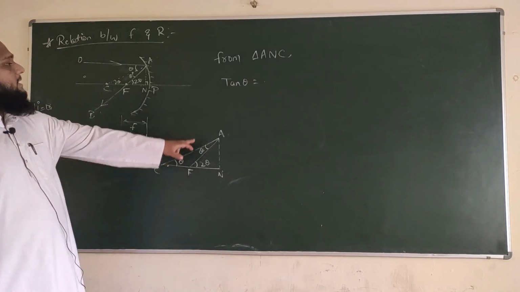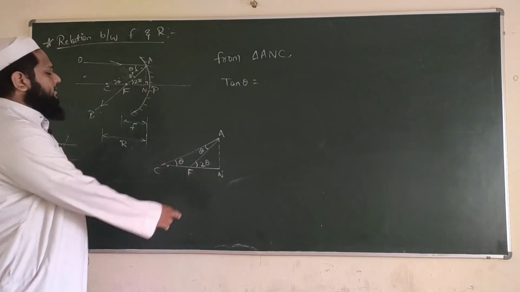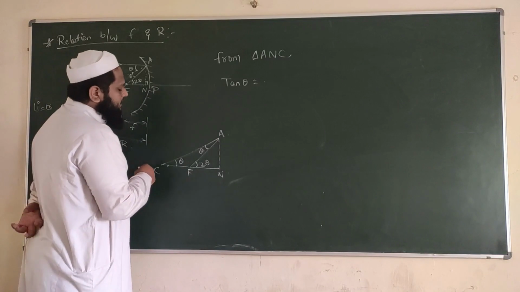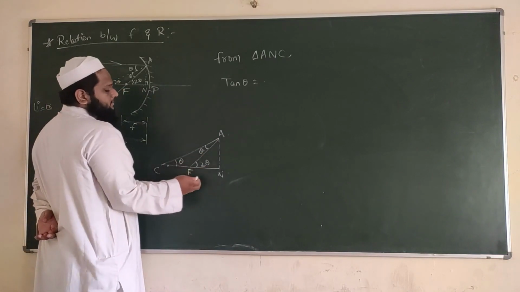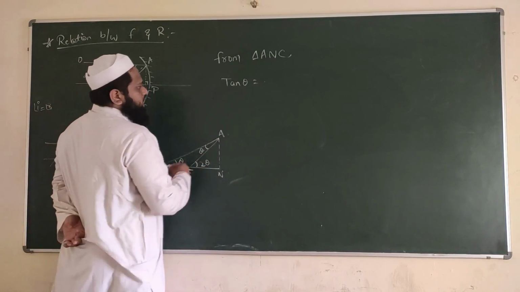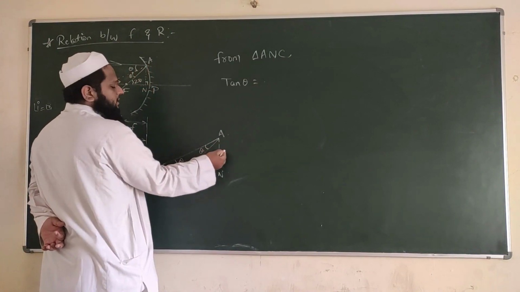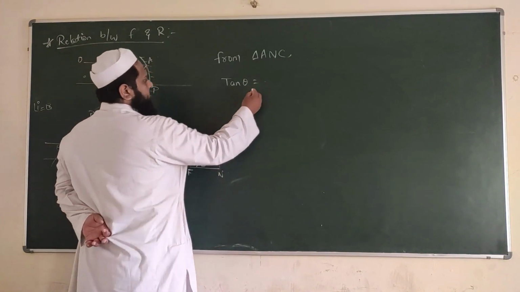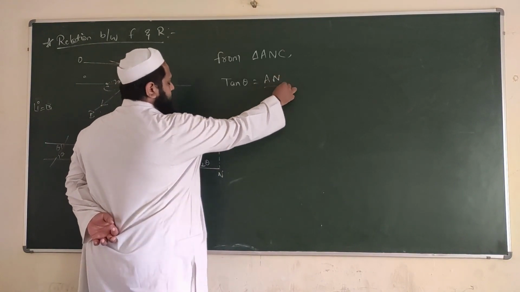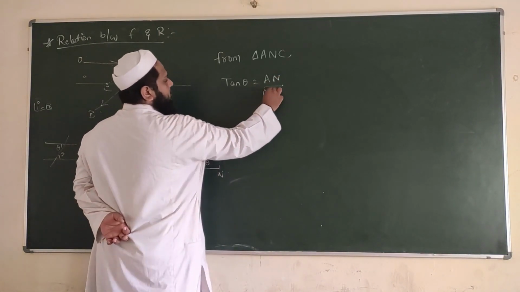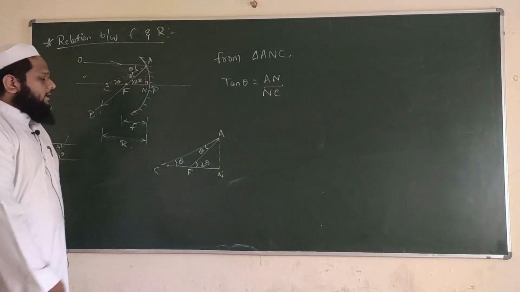Coming to tan theta from triangle ANC. From triangle ANC, tan theta is equal to opposite by adjacent. Here is your right angle, so this has to be the hypotenuse.